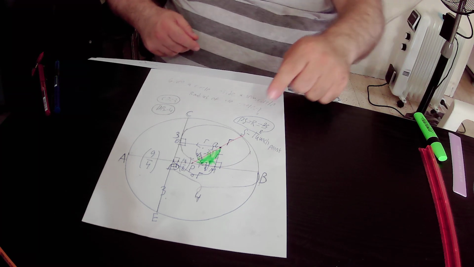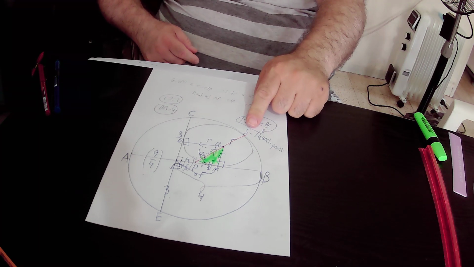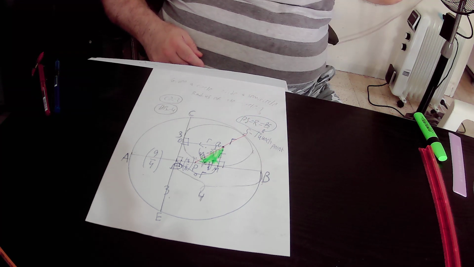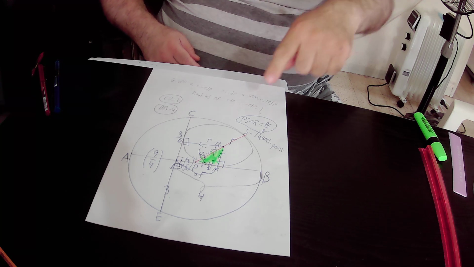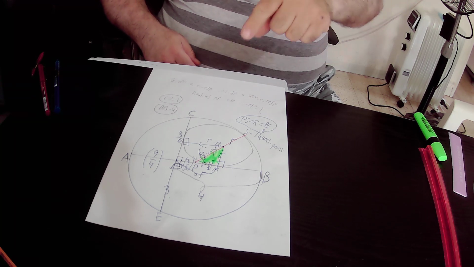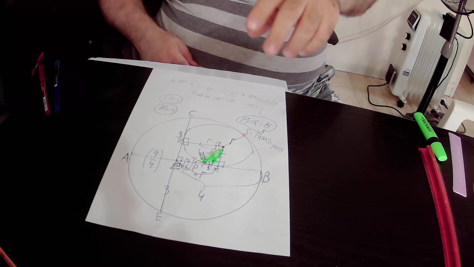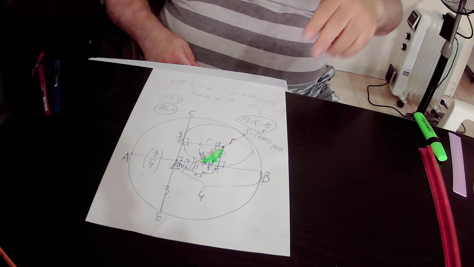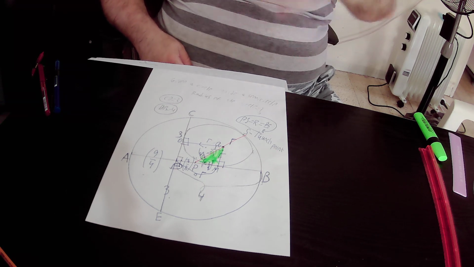At this point, this is a touching point between the big circle and the small circle. We define this as point S. It is also the point of tangency, or the point of contact, of the big circle with the small circle, and it is also defined as the launch point of those two circles.